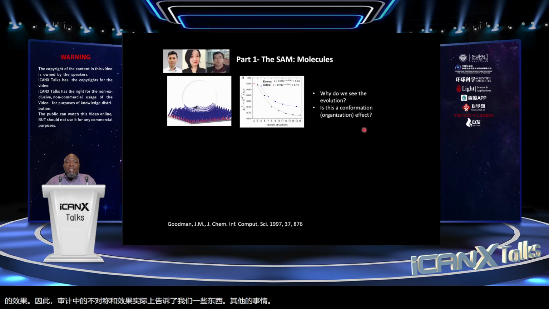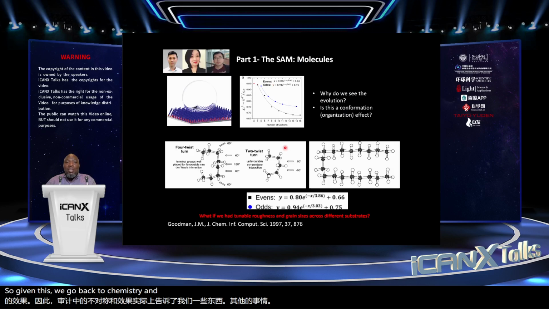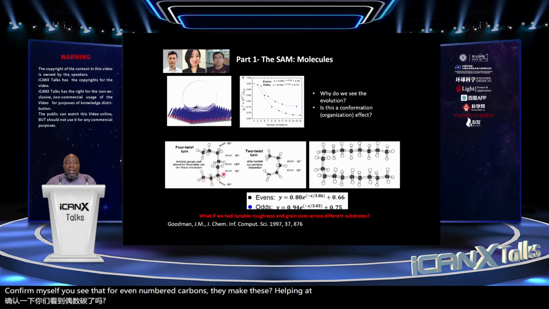So given this, we go back to chemistry and we try to see what this even and odd parity means. And we see that if you take a hydrocarbon and you put it in free space and you allow it to conform itself, for even numbered carbons, they make this hairpin at a certain length.